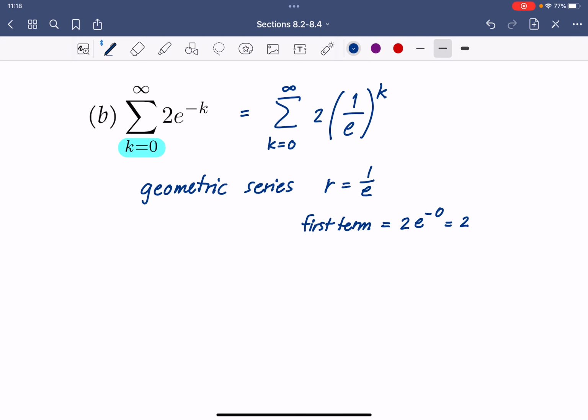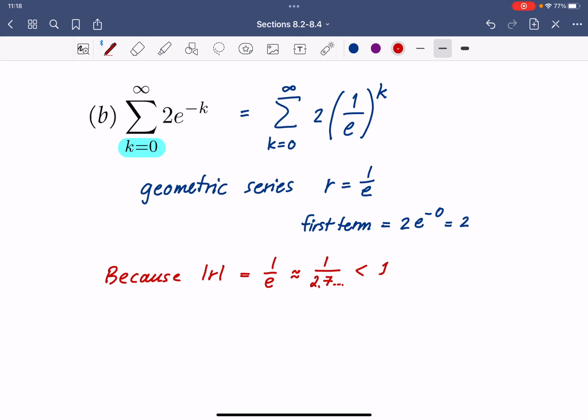Makes sense? And now, to figure out whether this is convergent or divergent, your absolute value of r is 1 over e. Bigger or less than 1? Less than 1, right? Because for those of you who don't know, e is about 2.7, which you don't care about.